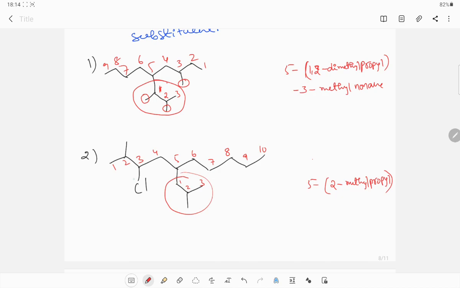Okay, now chloro is there, methyl is there. Chloro at third position, 3-chloro. And next one, 2-methyl, and at 5, 2-methyl propyl.